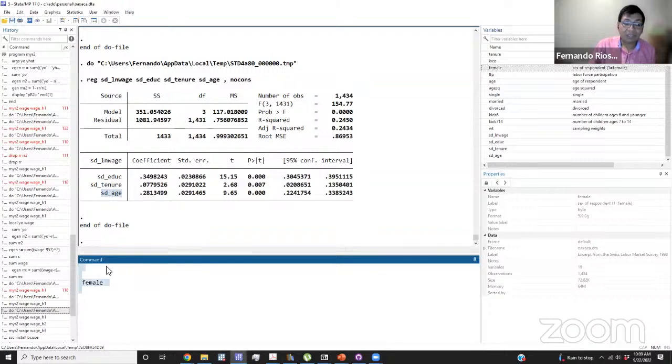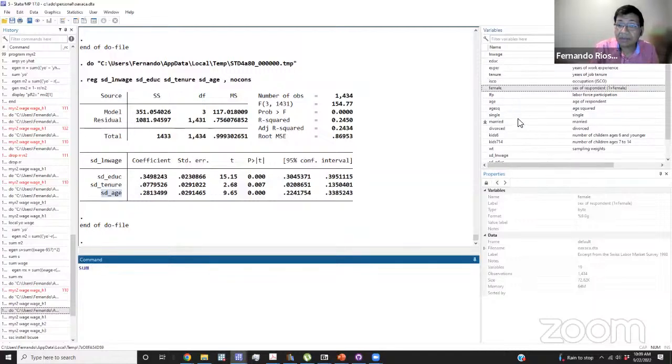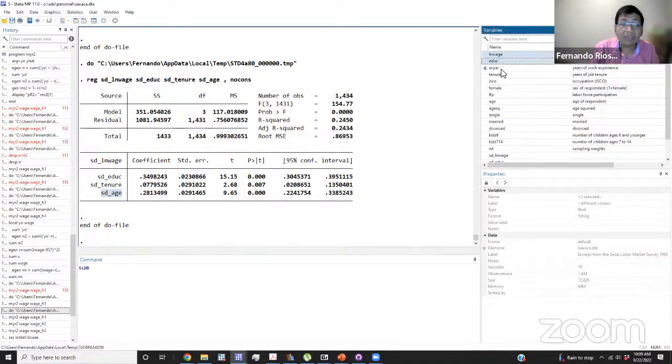So if you ever encounter only beta coefficients, something you might have to rely on, for instance, would be to look at the original distribution and try to figure out what exactly it means to have an increase in tenure, education, or age.